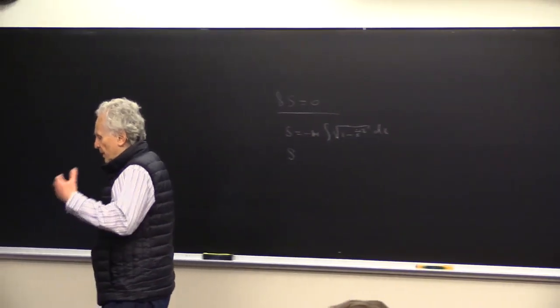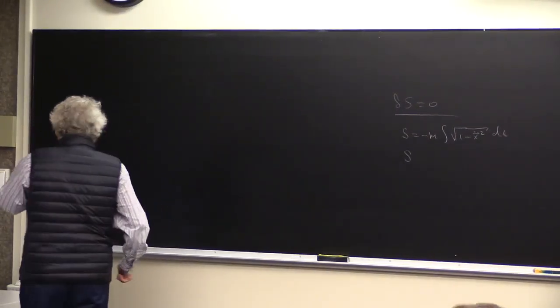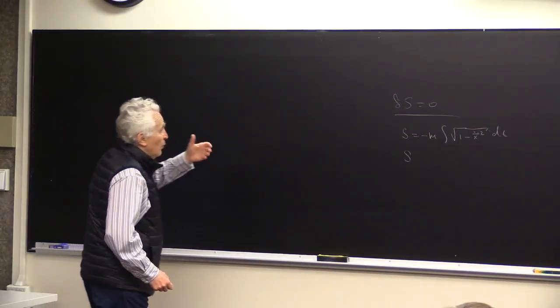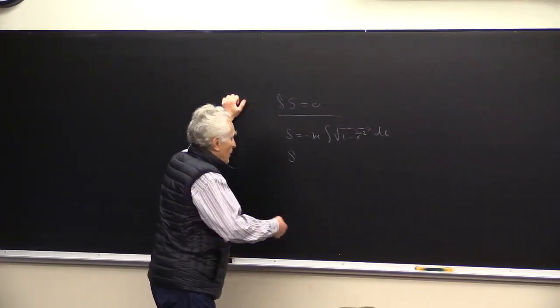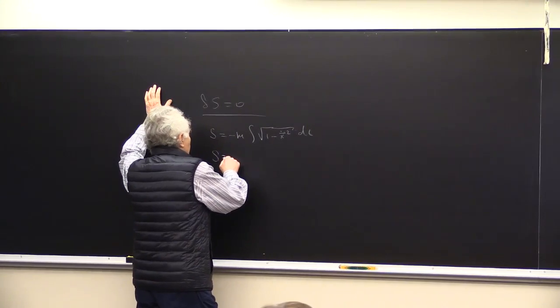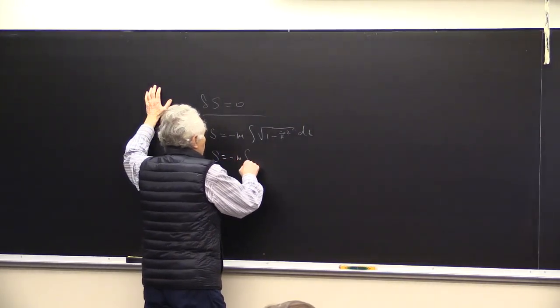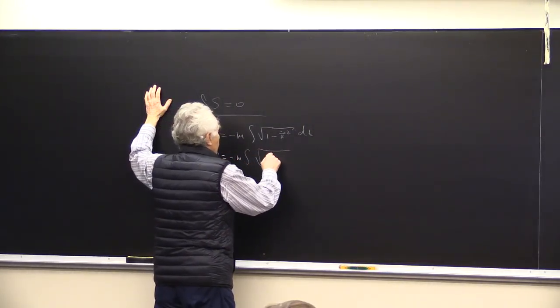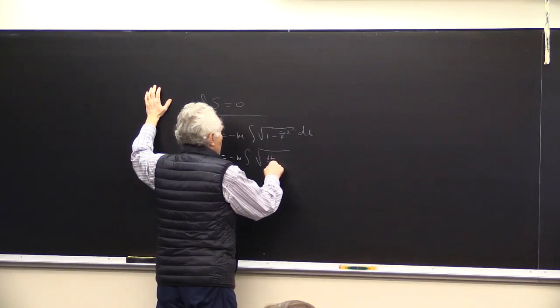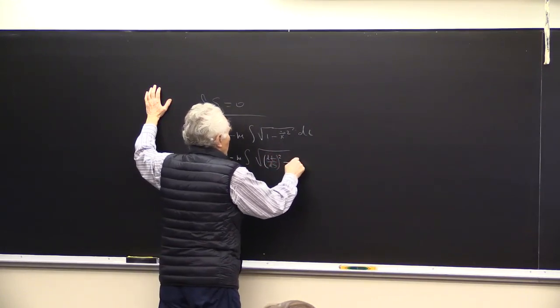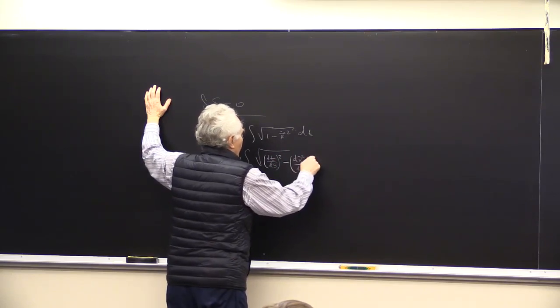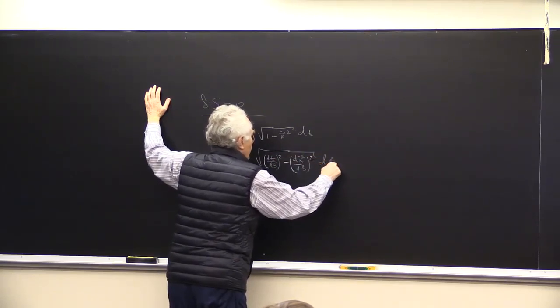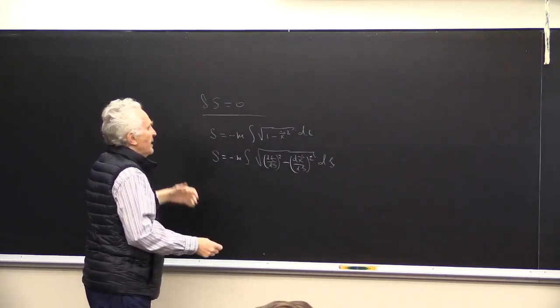However, we derived it, we started with another form in which Lorentz symmetry is obvious. This is the form when you take dt ds square minus dx ds square over ds.